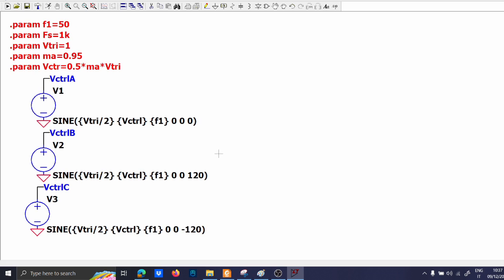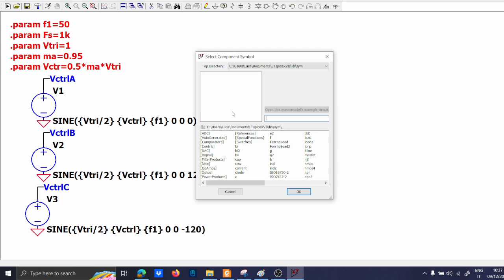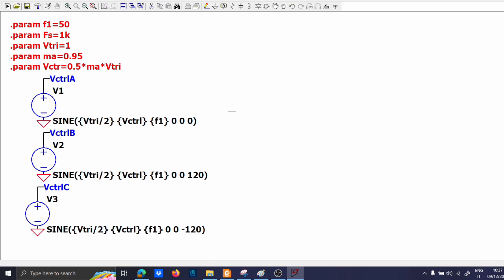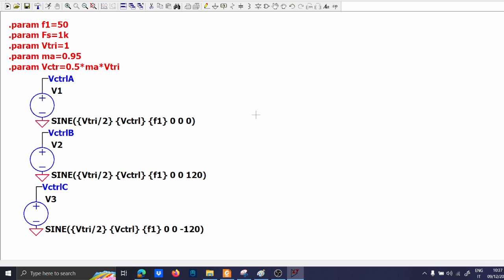Now we have to make the condition for the Schmitt trigger. You can use the Schmitt trigger or simply a behavioral voltage. We will do it like this.